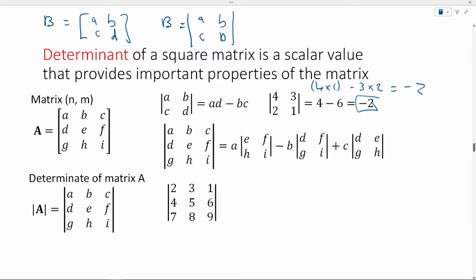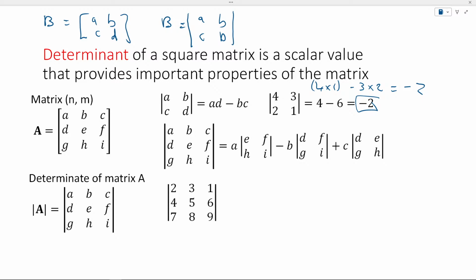For a 3D matrix, let me show you how to find the determinant. You basically do it for each of these columns.